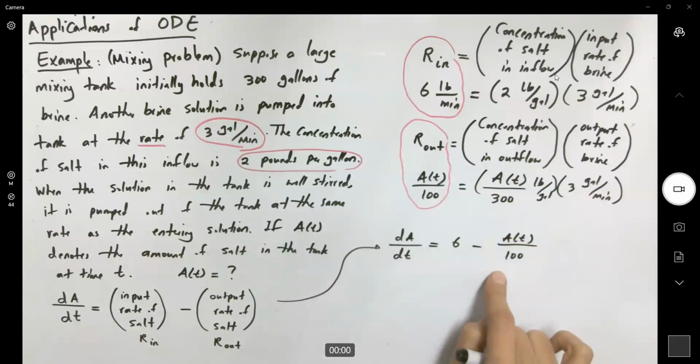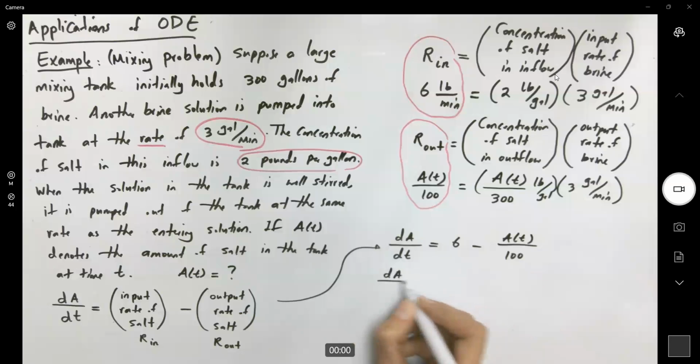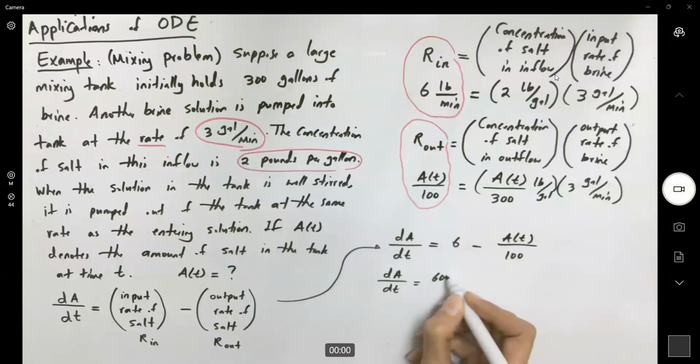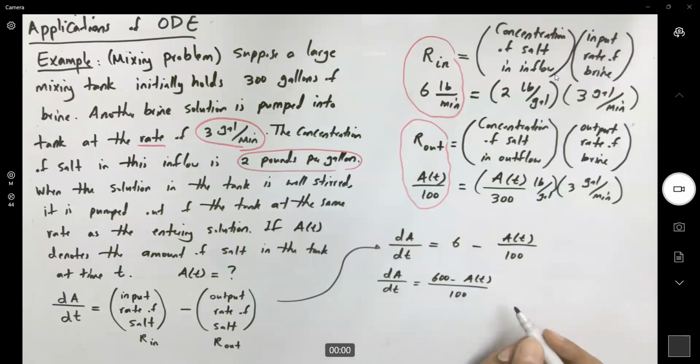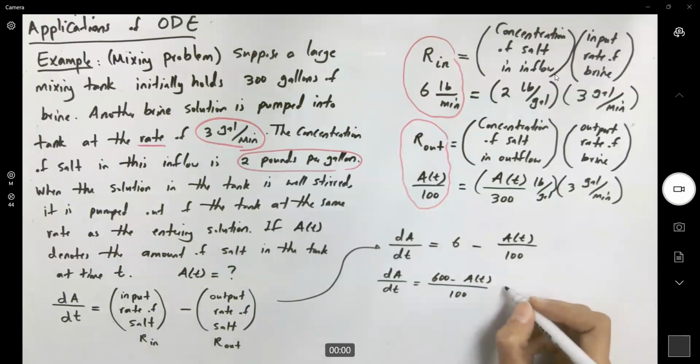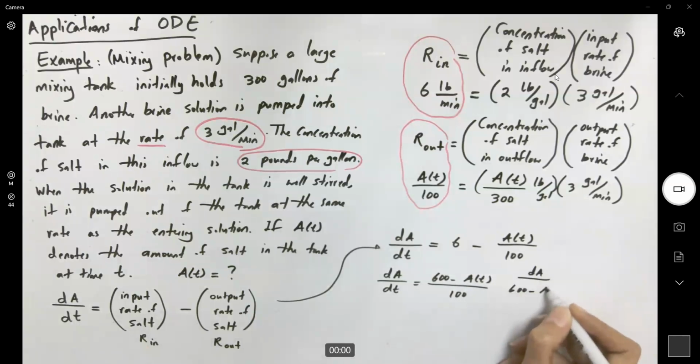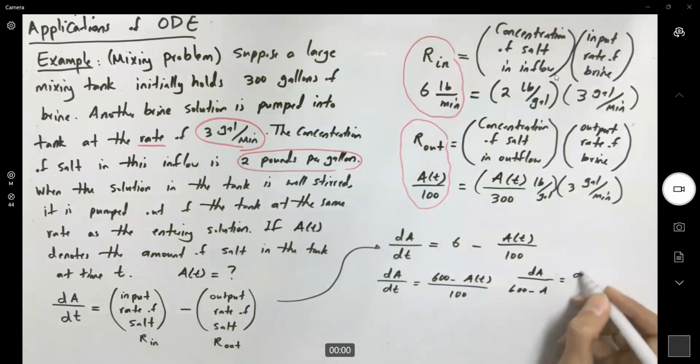First of all, if you take the common denominator between these two, you get dA/dt equals (600 minus A) divided by 100, which is obviously a separable differential equation. Well, you can write this in linear form, and of course, you can solve it using the linear method as well. So this becomes dA divided by (600 minus A) equals dt divided by 100.